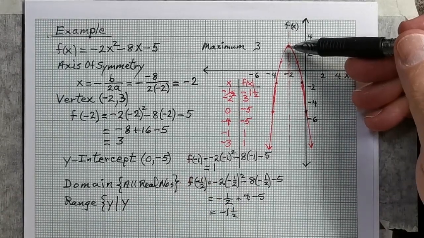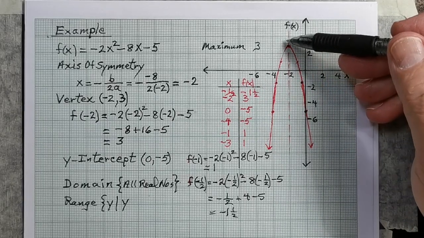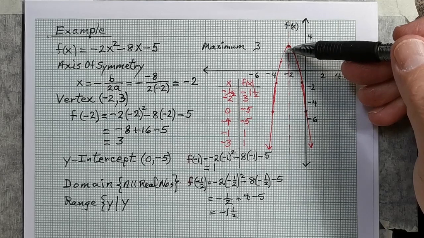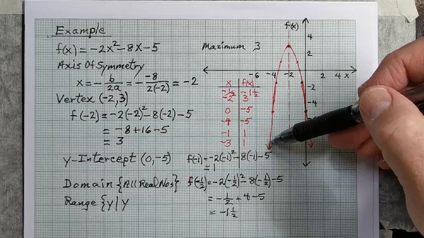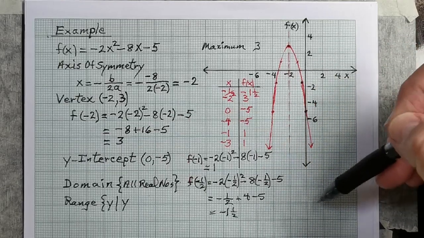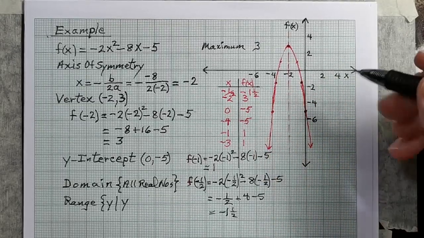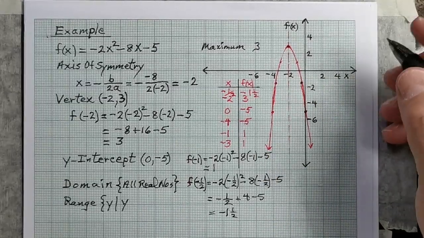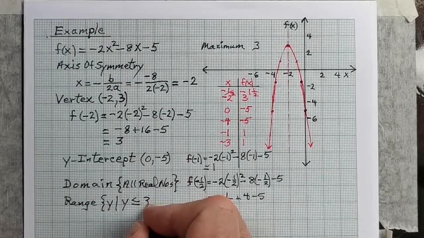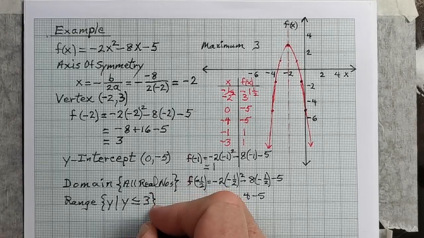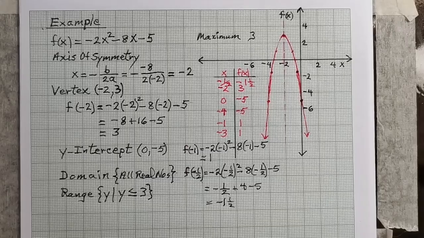Well, this is a maximum. Can y equal 3? Yes, it can. Can it be anything greater than 3? No. Can it be things that are less than 3? Sure can. How many numbers less than 3? This graph goes down infinitely far in both directions, on the right side of the axis of symmetry or on the left. So the range is y such that y is less than or equal to the maximum value of 3. Okay? So I believe that should do it for us.